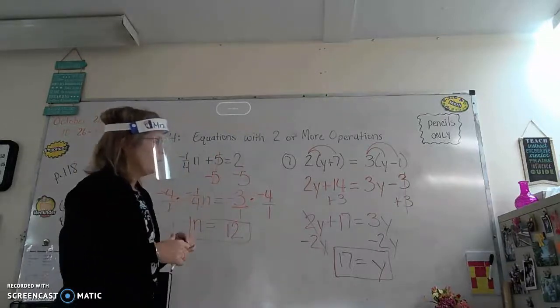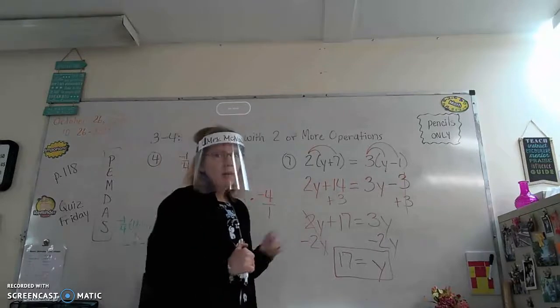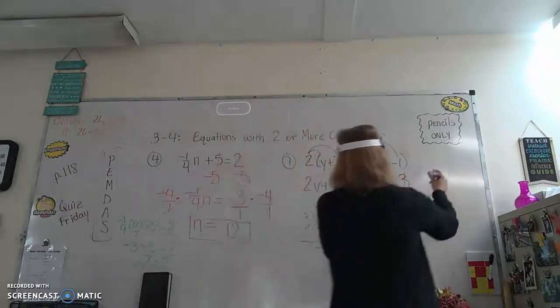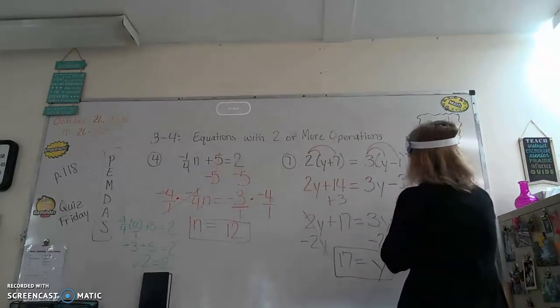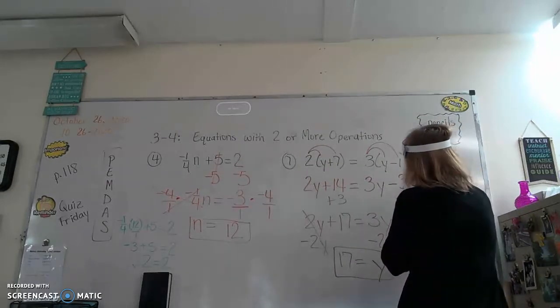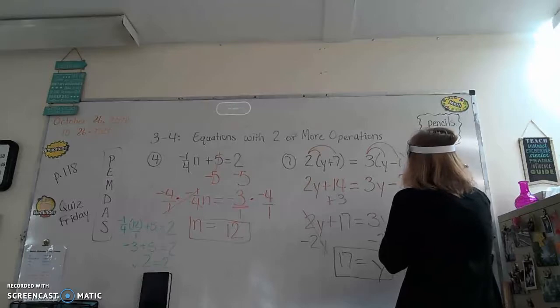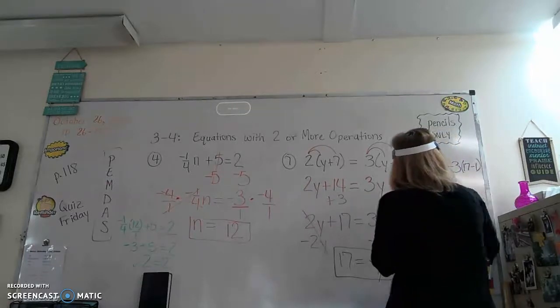So now I can plug 17 in for y and see if that's correct. So 2 times 17 plus 7 equals 3 times 17 minus 1.